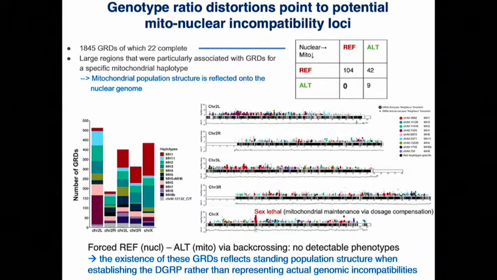So based on this limited observation of lack of phenotypes linked to these forced allelic combinations, we concluded that most of these GRDs may reflect standing population upon establishing the DGRP rather than representing actual genomic incompatibility. So it remains to be tested, but we were definitely puzzled by the lack of phenotypes when we forced this allelic combination.